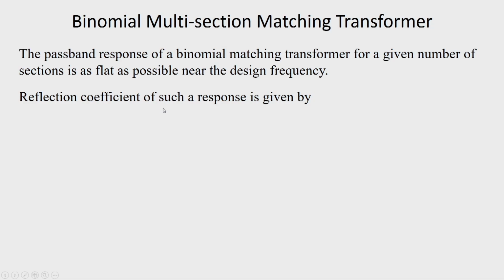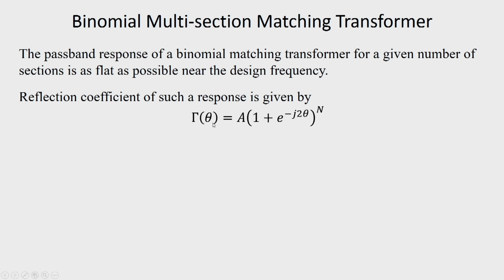In this type of design, the reflection coefficient, that means gamma theta, can be represented as gamma theta is equal to A times 1 plus e to the power minus j 2 theta raised to the power N. So, we already have a Fourier expansion of gamma theta. So, we are trying to now map this response.